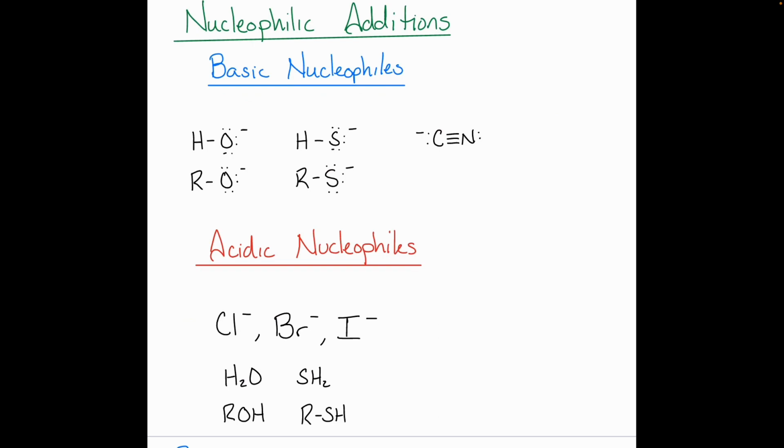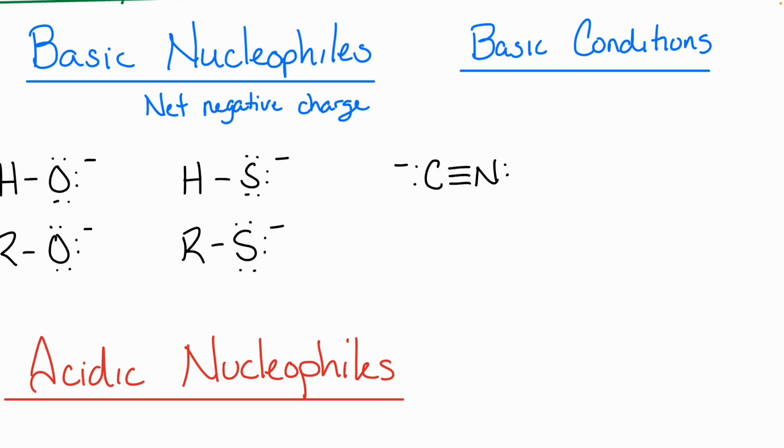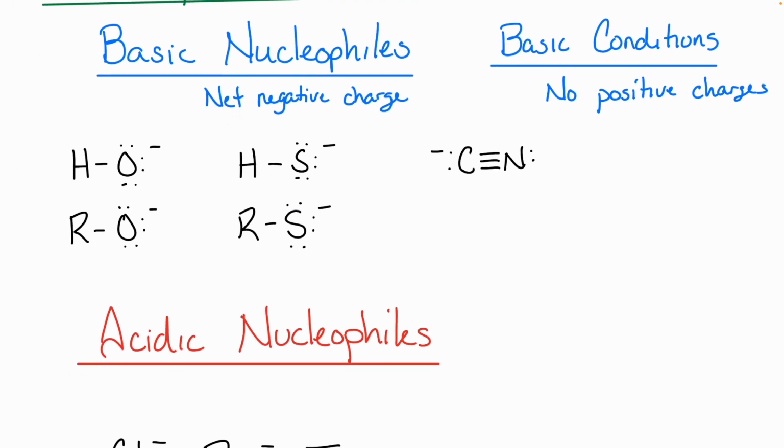Our basic nucleophiles are kind of our traditional good nucleophiles, right? They have this net negative charge. Okay? Because remember, under basic conditions, we should not see any positive charges, right? So no positive charges under basic conditions.